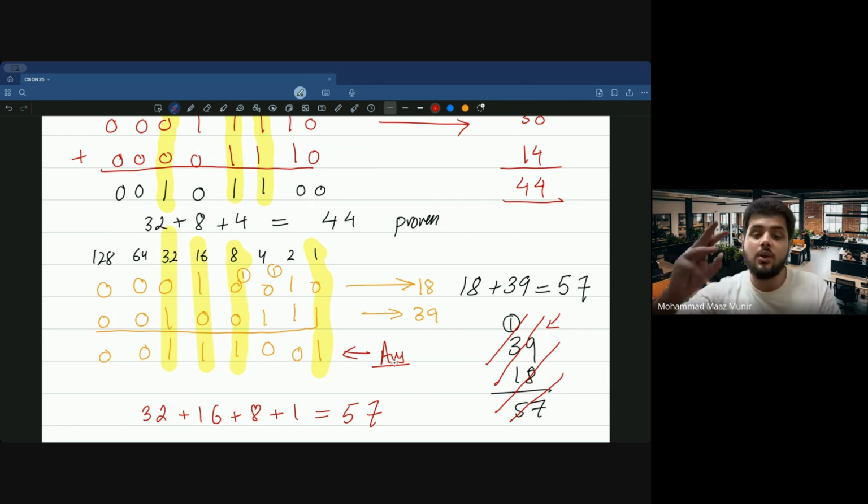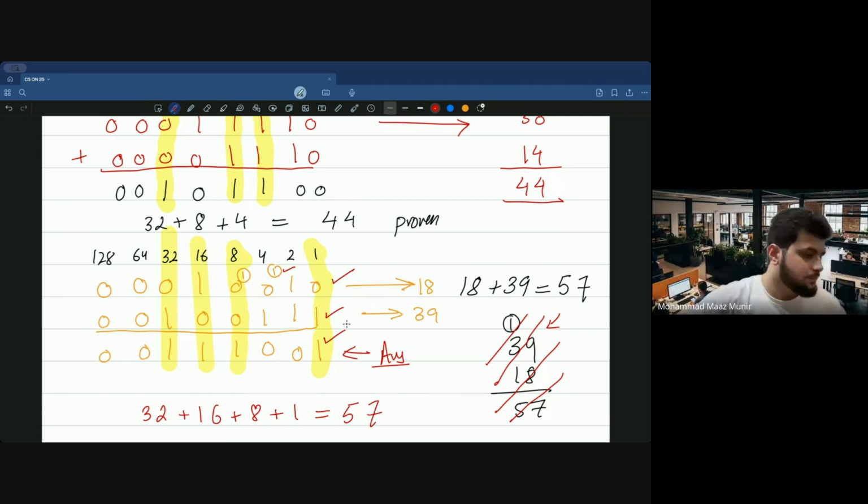Such questions are worth 2 to 3 marks, and these are only awarded when the examiner can clearly see that he wrote the binary for 18, 1 mark; he wrote the binary for 39, second mark; and he is dealing with carries and getting the correct answer. Perfect, 3 out of 3.